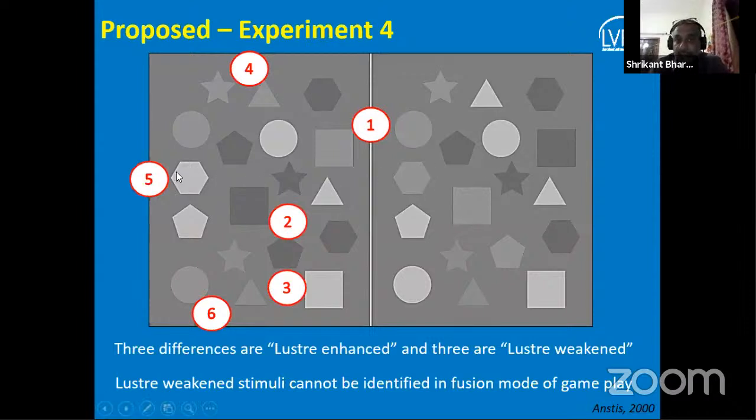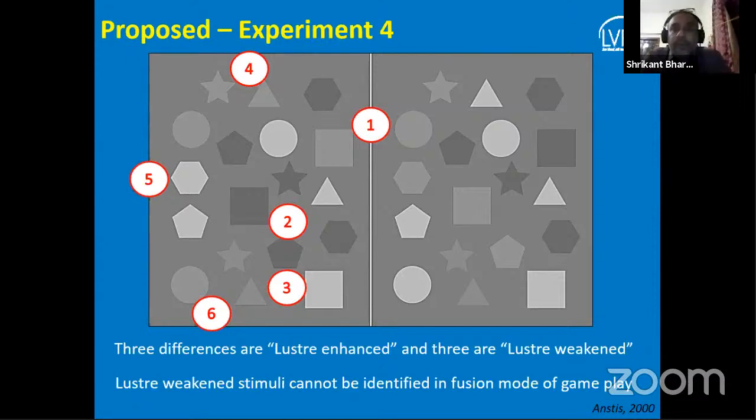They are different, but both are brighter, and they should not create a luster stimulus. So our hypothesis is that only the luster enhanced stimuli will be able to be picked. The luster weakened ones you will not be able to pick, if indeed luster is the reason why these games are being played so fast.